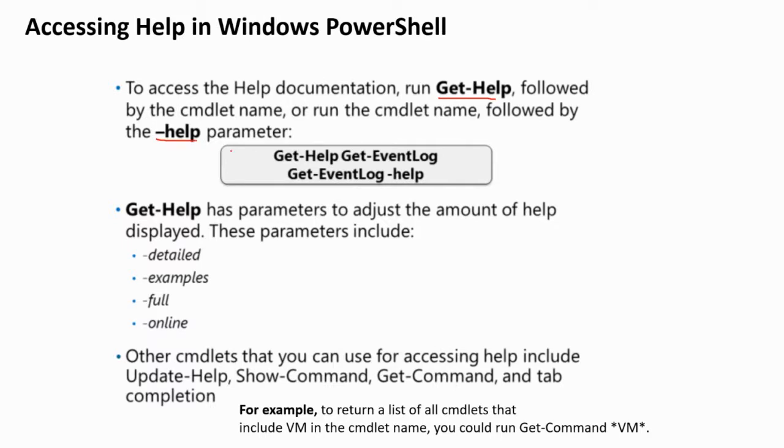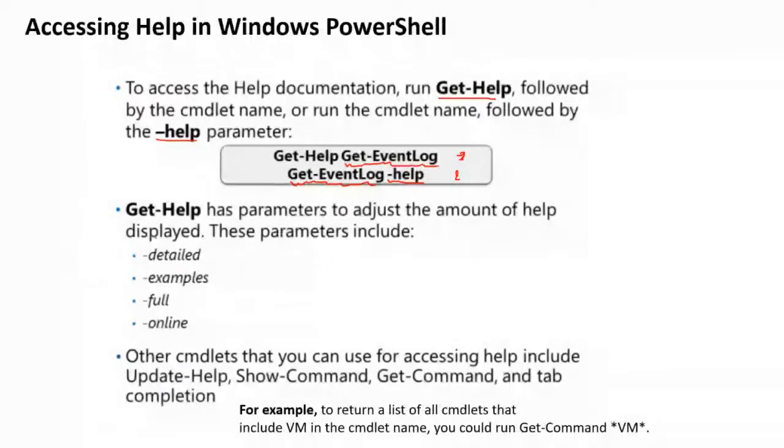For example, you can use Get-Help Get-EventLog, or you can use the cmdlet Get-EventLog, then to get the help use -Help. So this is the first way to get help, and this is the second way.